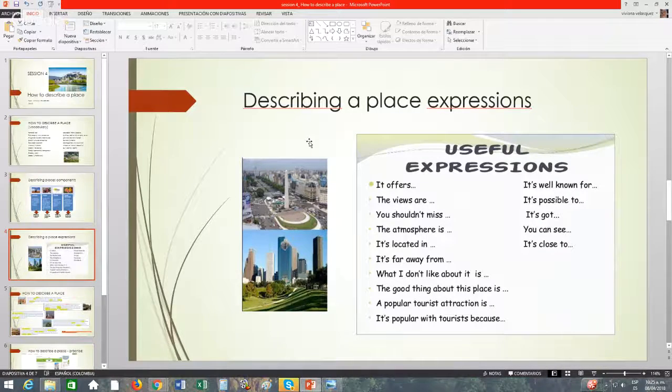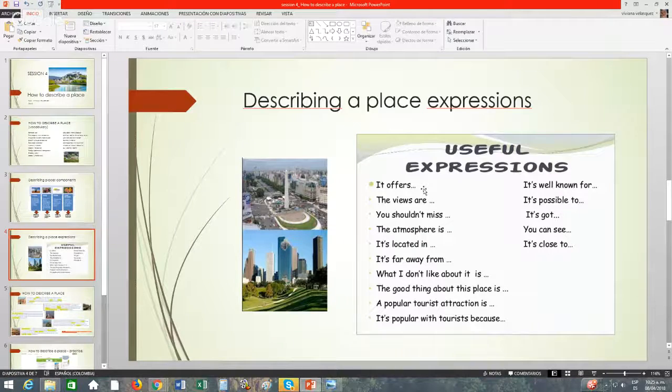So for example, the first one, "it offers," we say when you want to describe different places or activities the place has to share with foreign people. So you say, for example, it offers a variety of theaters, or it offers a lot of parks where you can go to relax.